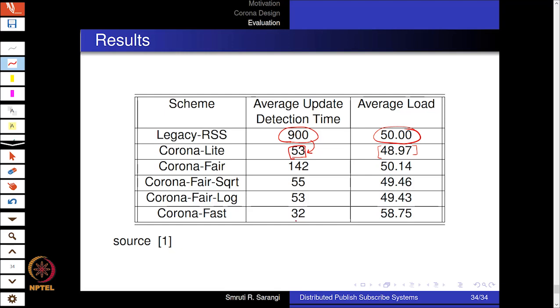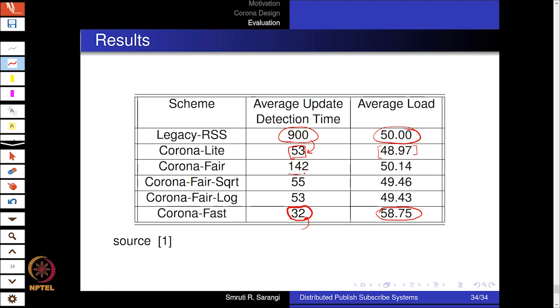If I compare Corona Fast, which we have argued will be faster, it brought the average update detection time to 32 and the average load to 58.75. So of course Corona Fast is the fastest, and as we can see it is very fast, but it increases the load at the servers, not much though.